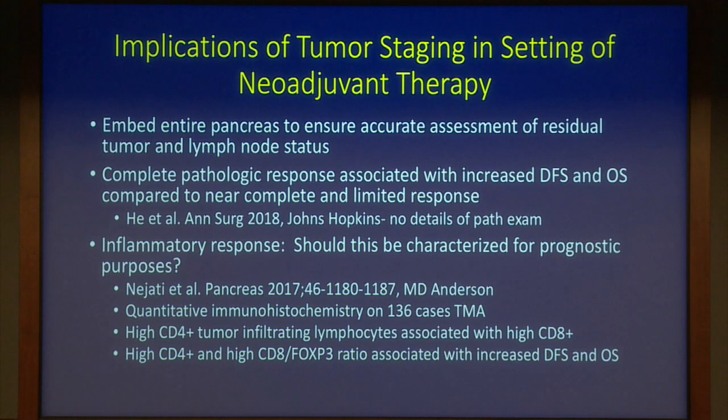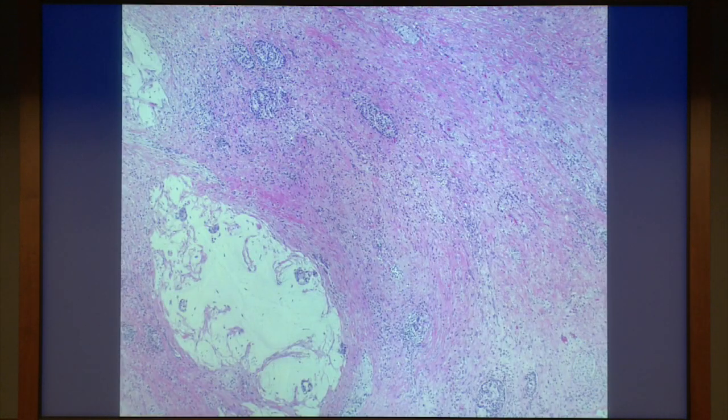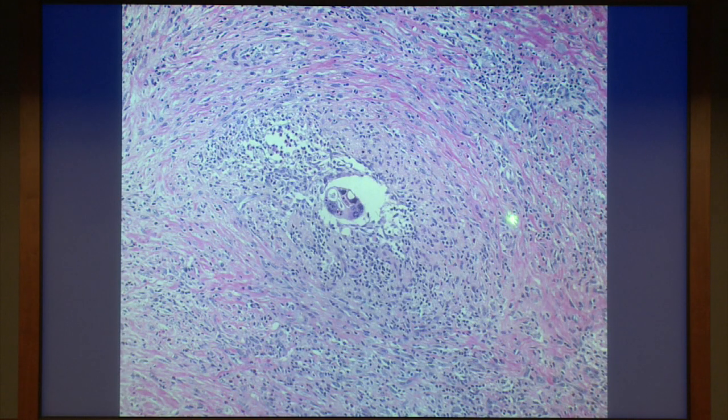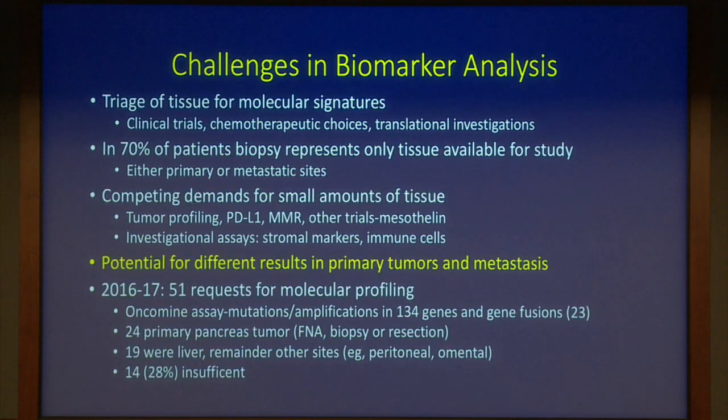So I actually propose this as a question, is this something we should think about doing? In the neoadjuvant setting, the tumors look very different if they've responded. There's a tiny bit of tumor here. Mostly there's fibrosis, islet cell hyperplasia, and inflammation, lymphocytes in these settings.